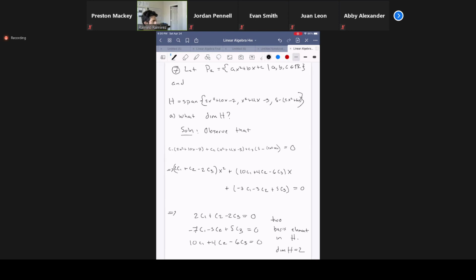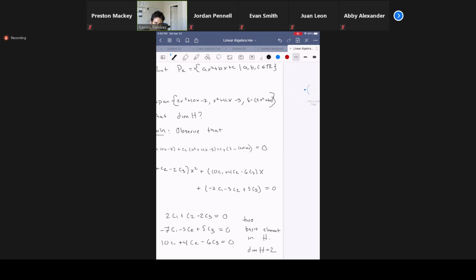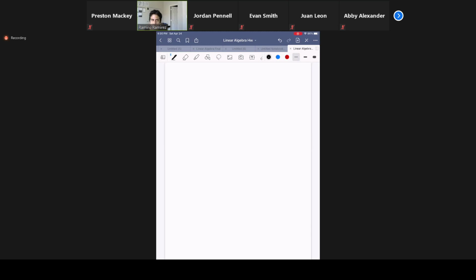Okay. So by the way, since the dimension is 2 and you have 3 things in your span, of course it's not going to be a basis. So part B just asks you, is it a basis for H? It's obviously not, so not a basis for P2.